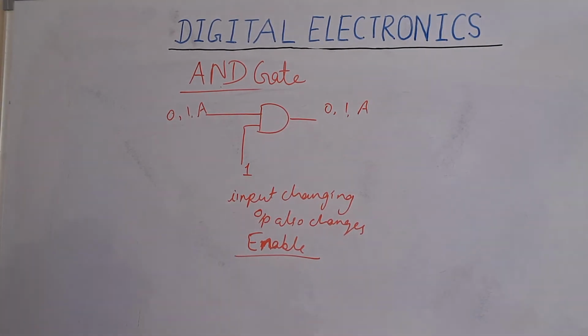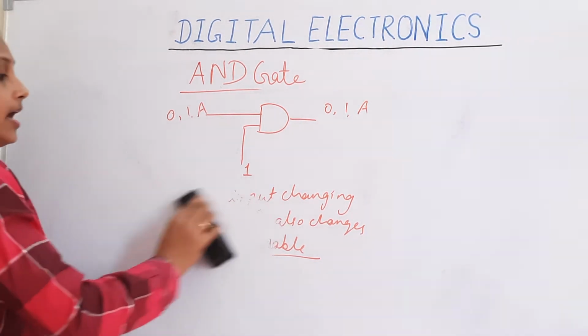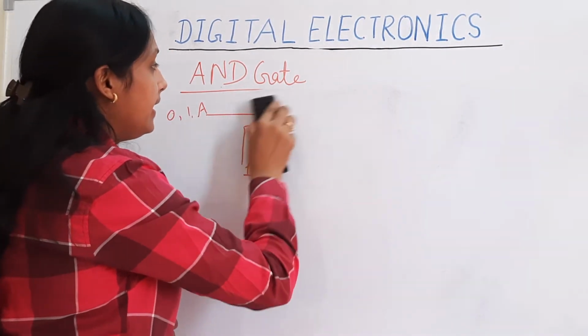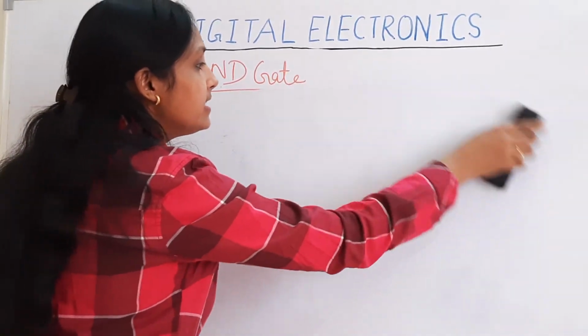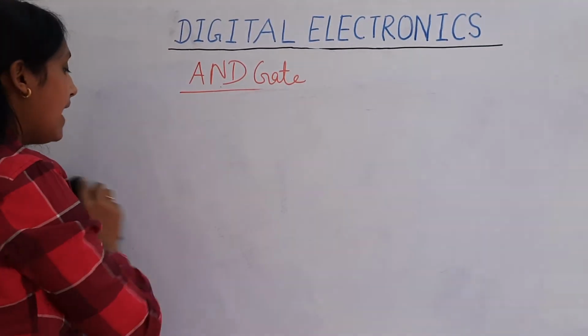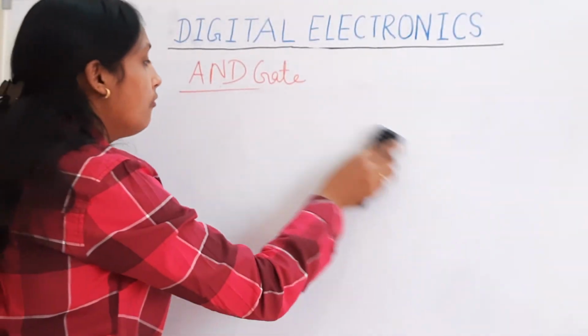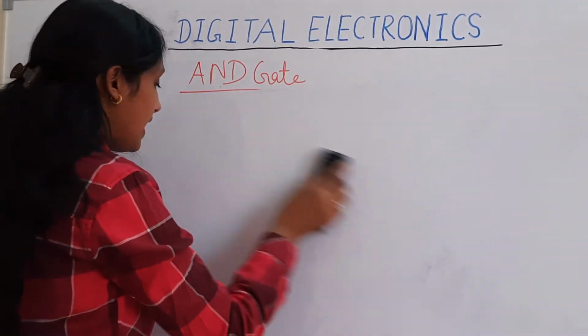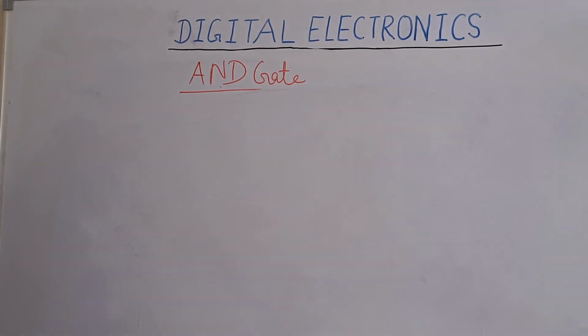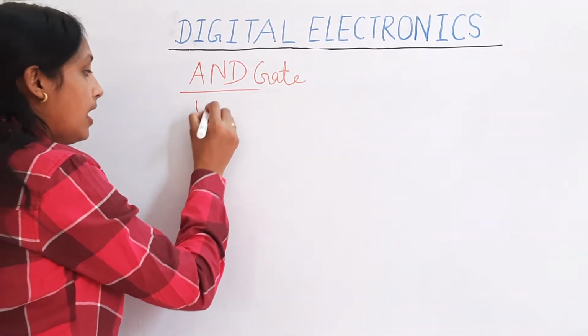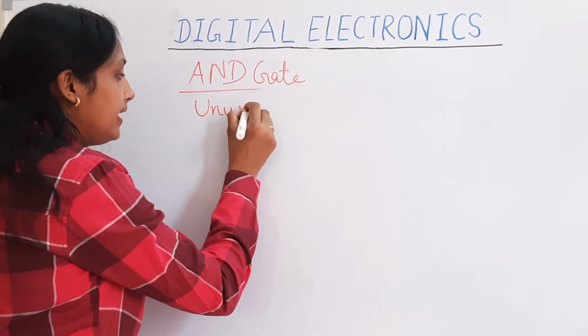Now we will see some other properties of the AND gate. Here we have seen enable and disable, and that it follows the commutative law as well as the associative law. Now we will see the unused input of the AND gate.